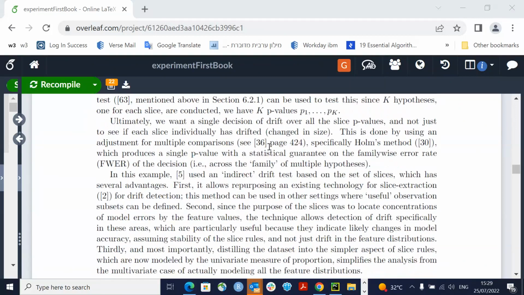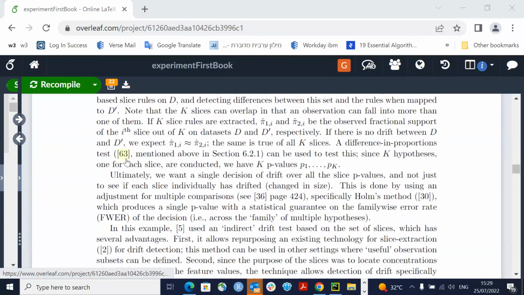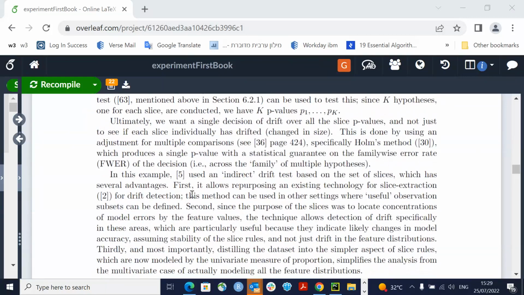One way you could test this is to have a set of hypotheses where the null hypothesis is that the slice hasn't changed in fractional size. The alternative is that it has changed in size, and then we use one of the hypothesis tests I mentioned before, a test between proportions, and then you can use a method called multiple comparisons.